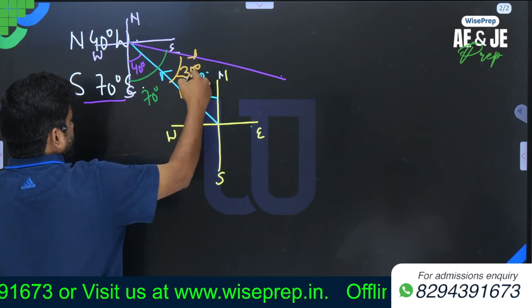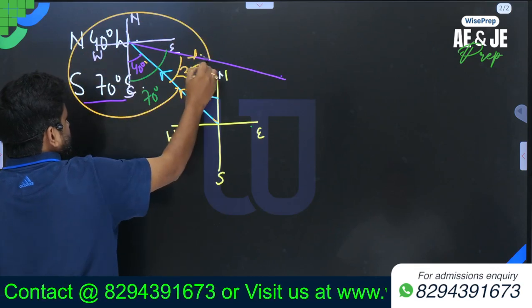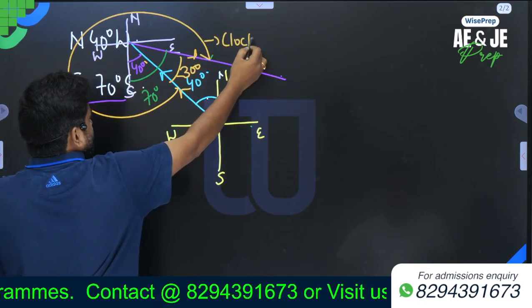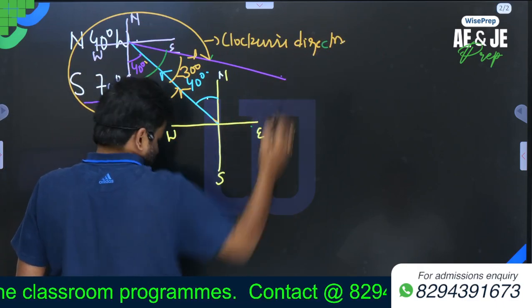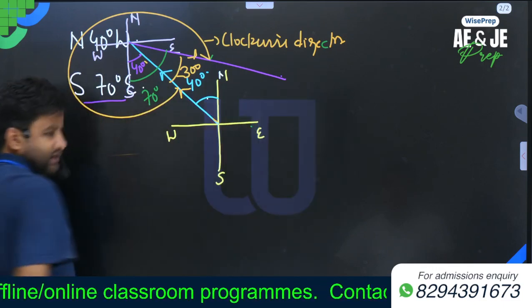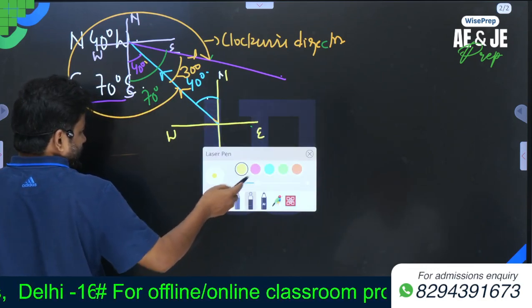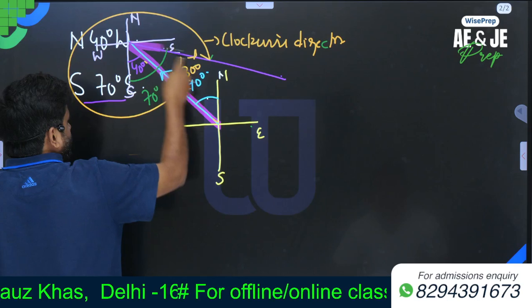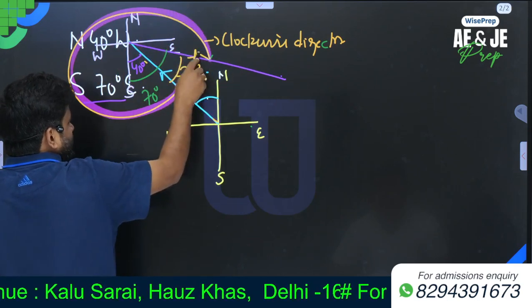You are going from A to B to C. So included angle will be this one, because this is the clockwise direction. When you are going from preceding line to the next succeeding line, this is clockwise.